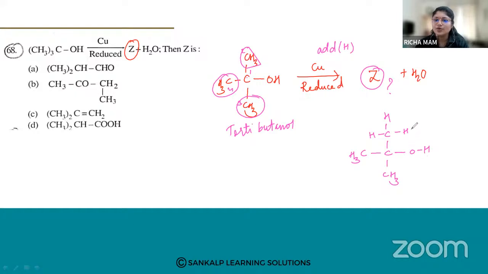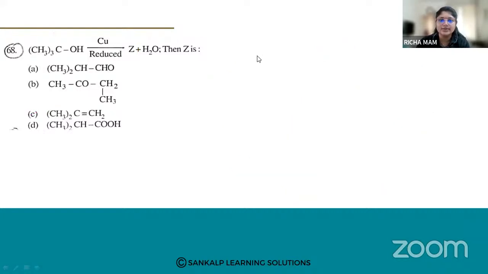One of the hydrogens and the OH will be eliminated, moving out as a water molecule. And you will get CH3, C double bond CH2, and CH3. So option C. Yes, Navyashri, Mehak, Prithviraj, Yashwant have also answered option C. Very good. I hope you are understanding.